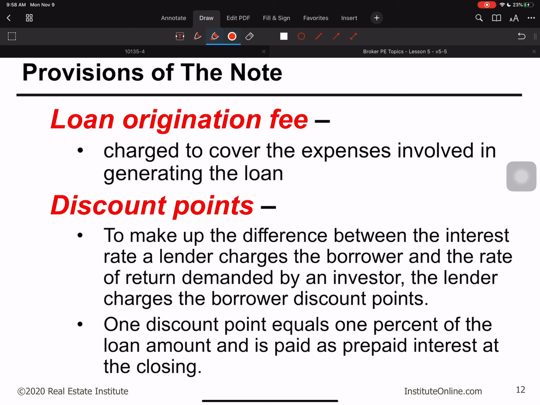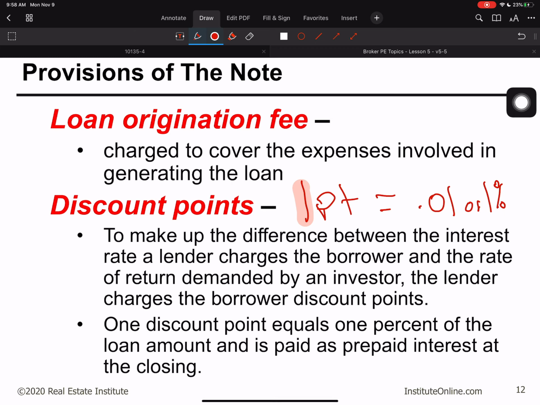Guys, the biggest thing to remember here, just specifically for the exam, is that one point equals 0.01 or 1%. Okay? So one discount point equals 0.01 for mathematical purposes or 1%.